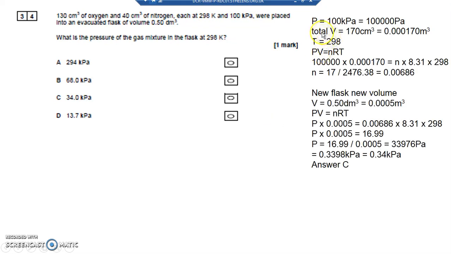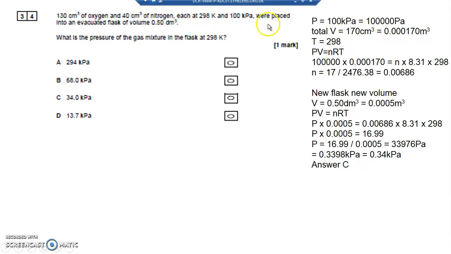My pressure is 100 kilopascals. To get it into the smaller unit of pascals, I multiply by 1,000, so I've got 100,000 pascals. It doesn't matter that I've got a mixture of gases; the total volume of the gas for this system is 170 centimetres cubed. So I'm going to work out the total number of moles of gas, oxygen and nitrogen combined.